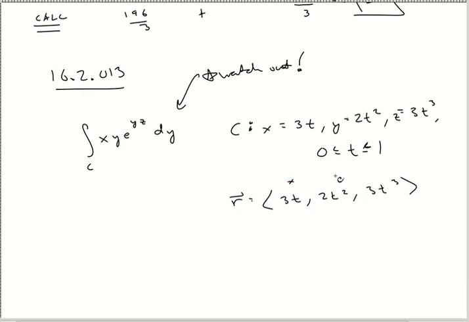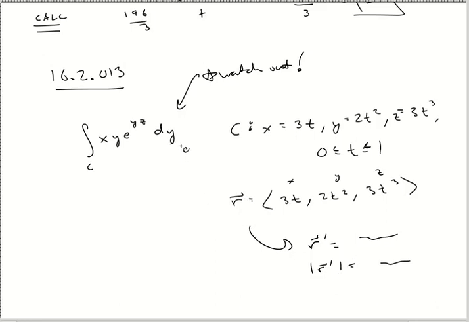This is your x, y, and z. Later on, if I were going to use it, I would have my r prime and then my magnitude of r prime. But again, this was not the way to do this particular problem, because it's not ds. Again, I even got caught up in it again. You don't always have to go through these same steps. Watch out. It's a dy.